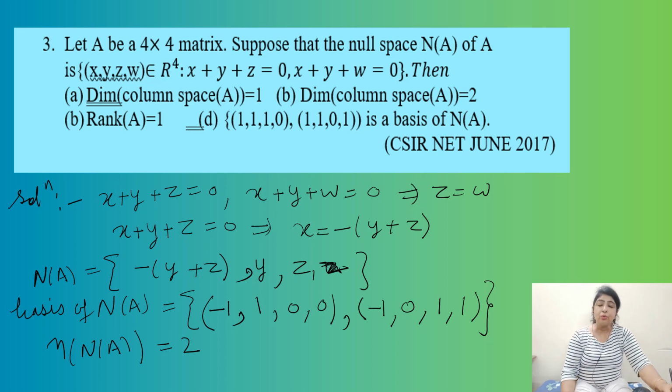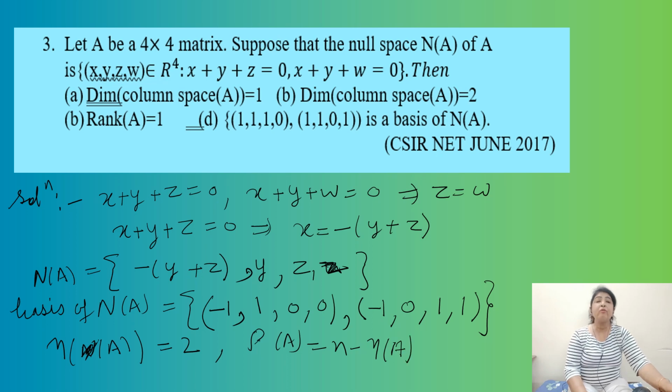Nullity is 2. So what will be the rank? Rank of A is equal to n minus nullity of A. This result we got from the Sylvester law, which says rank of A plus nullity of A is equal to the dimension of the vector space.